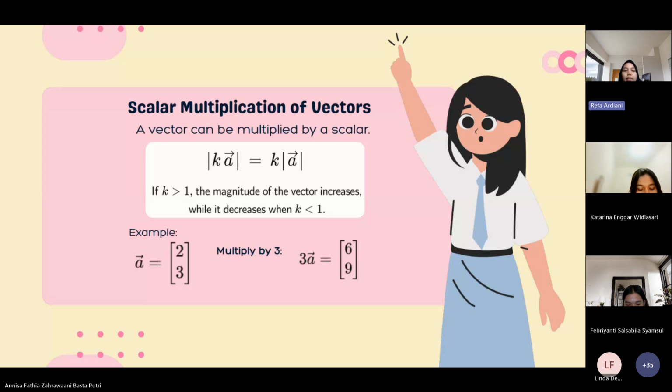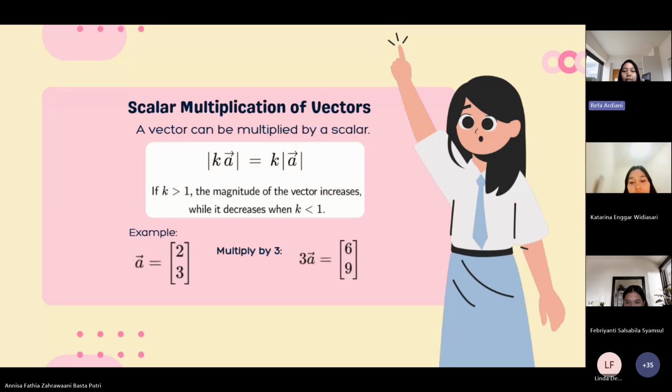Okay, next slide is scalar multiplication of vectors. Before we start, let's understand the meaning of a scalar. A scalar is simply a number that has magnitude but not direction, such as 2, 3, or 5. When a vector is multiplied by a scalar, every component of the vector is multiplied by that scalar. This operation changes the magnitude or length of the vector. However, the direction remains the same if the scalar is positive.